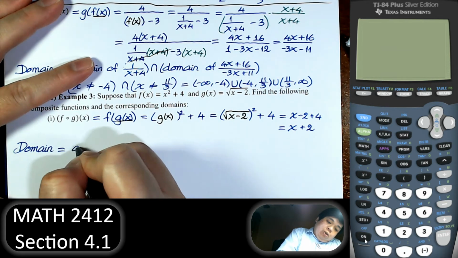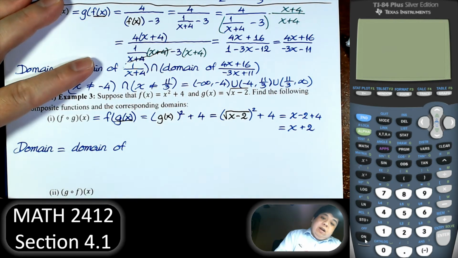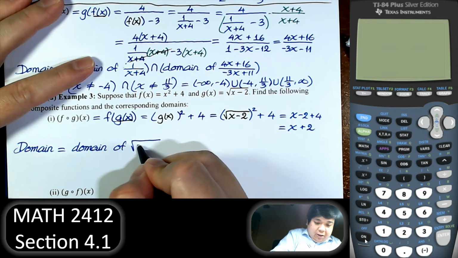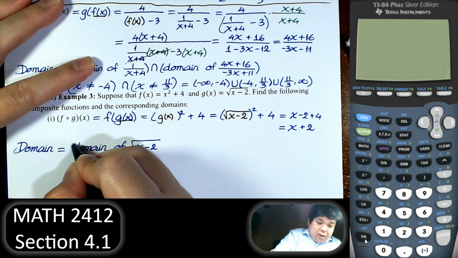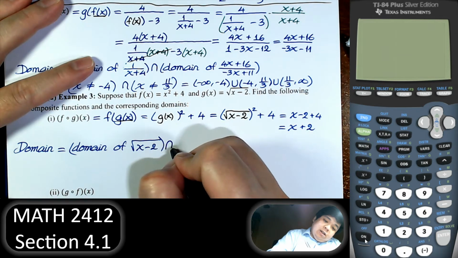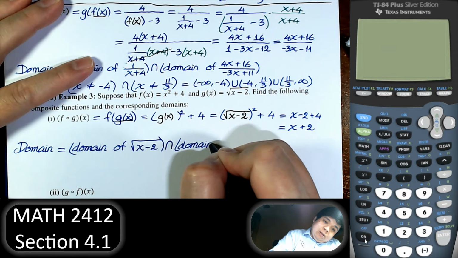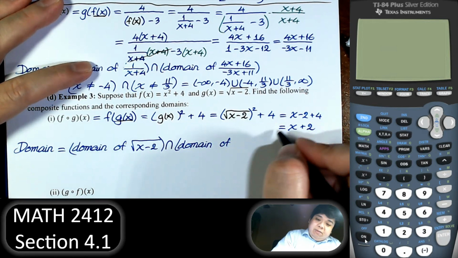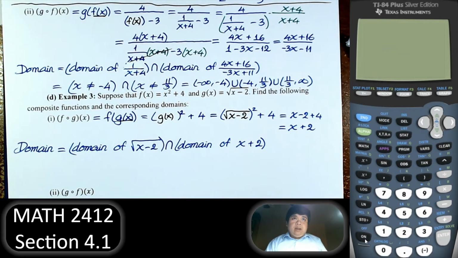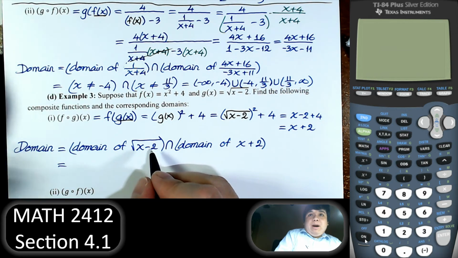Now the domain will be equal to the domain of the inner function g of x, intersect with the domain of the end result. The computation is x plus 2. Now, domain of square root of x minus 2. We talked about this earlier.